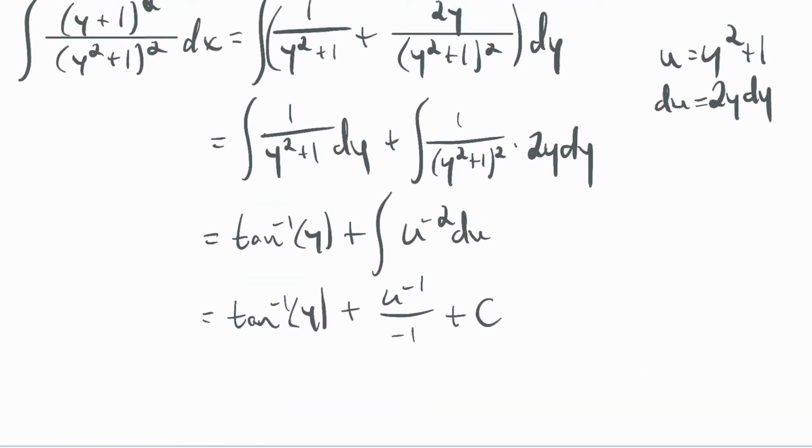So almost out of room there. So tangent inverse of y minus, well, I guess 1 over y squared plus 1, plus c. There you go. That's that example.